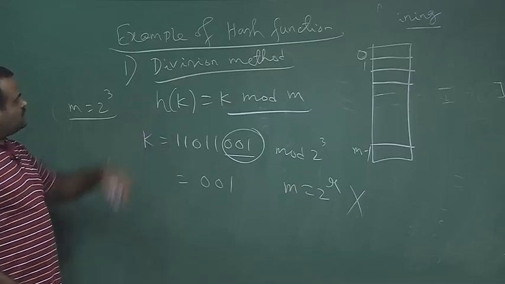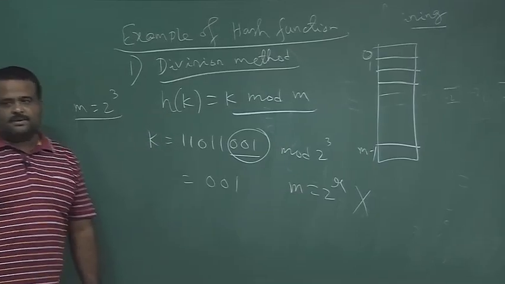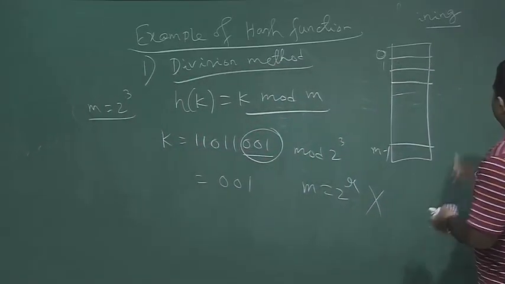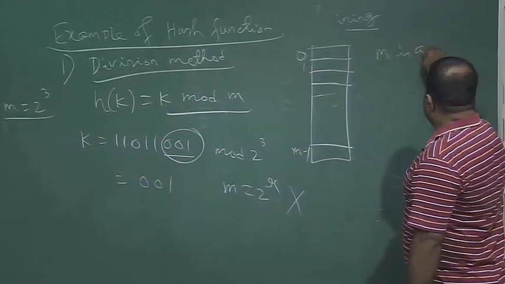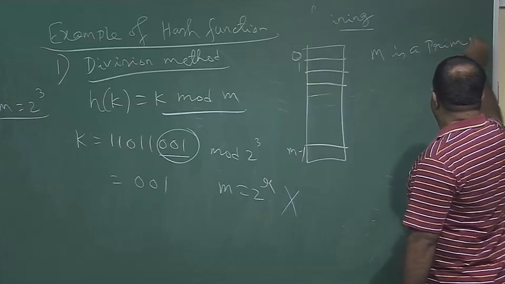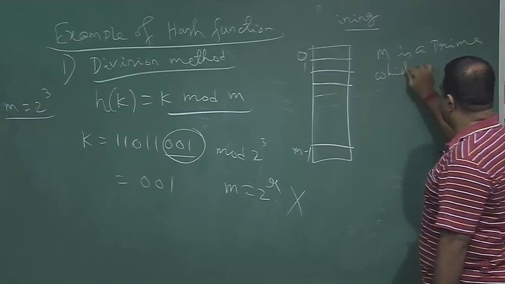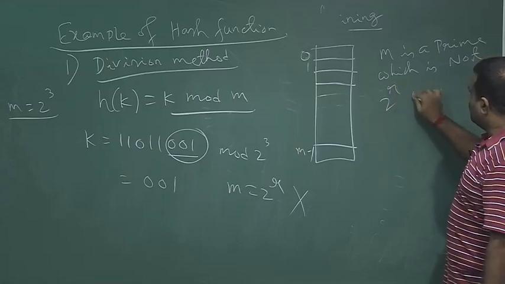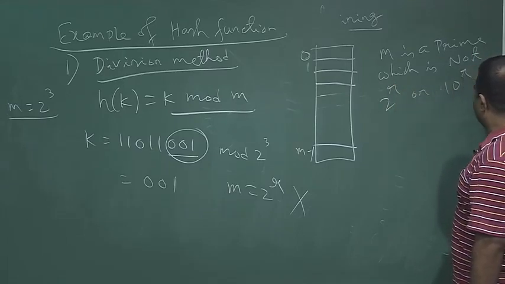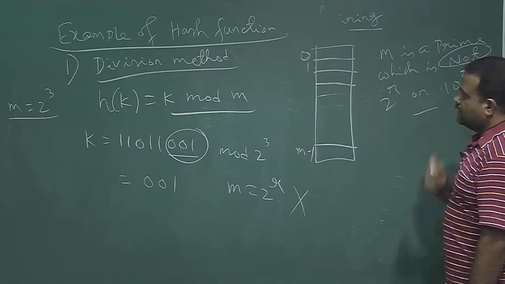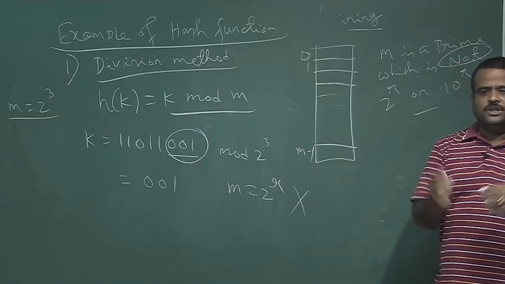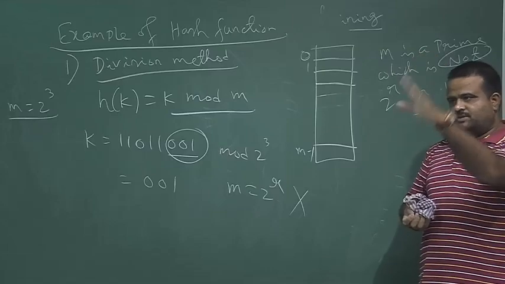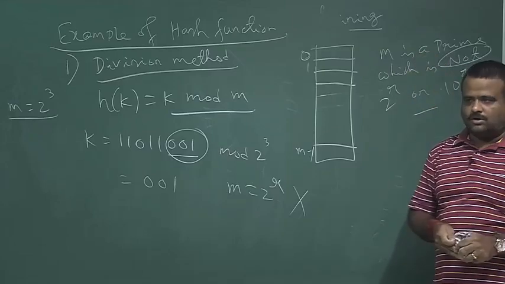Usually for this method we choose m to be a prime number which is not close to 2 to the power r or 10 to the power r for some r. Otherwise it will give us huge collisions, and it will not uniformly distribute the keys over the slots.